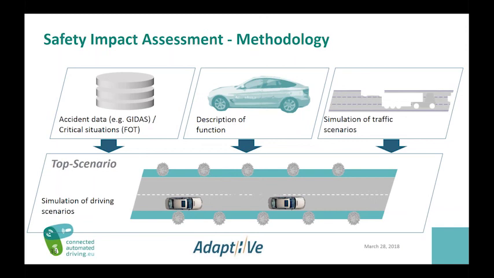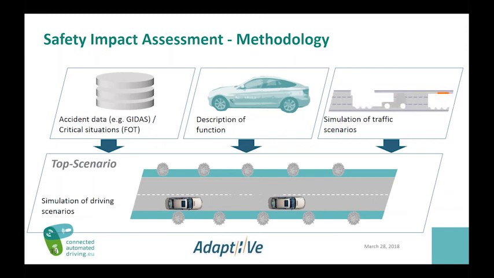Because in adaptive, we could test our function only for short times. So basically, we had one vehicle only, which was driving around on the public motorway, on the public Autobahn here in Germany. But you can imagine the data that we can collect in such a project is quite limited. So adaptive was not really a field operational test where we had a high number of vehicles driving around in all Europe, but we only had this one vehicle where we are able to collect the data.